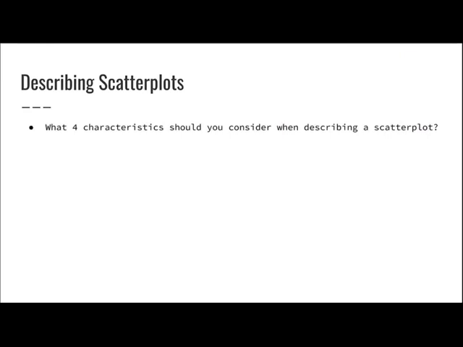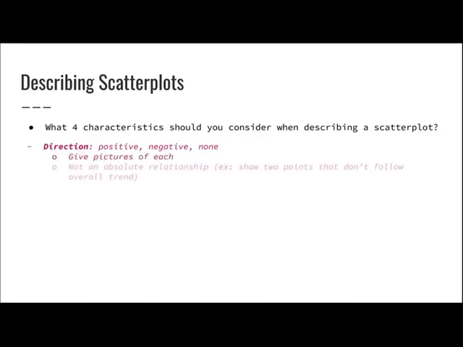Describing scatterplots. So what 4 characteristics should you consider when describing a scatterplot? First, we want to think about our direction. Is it positive, is it negative, or is it none? Then strength is not an absolute relationship, so there can be points that don't follow an overall trend.